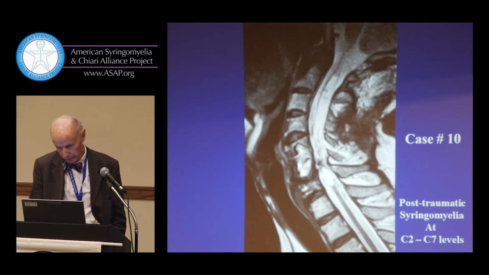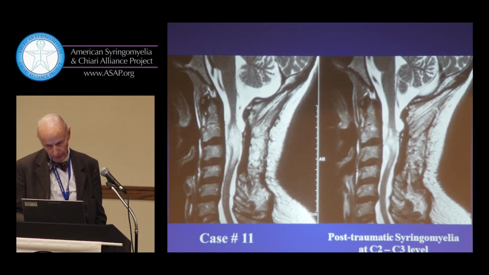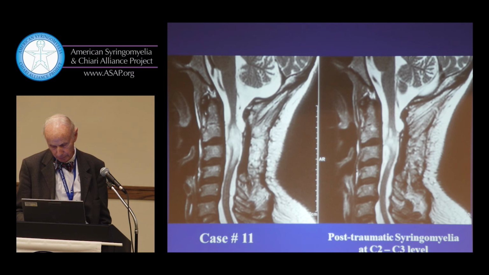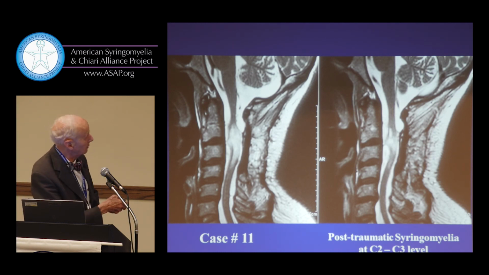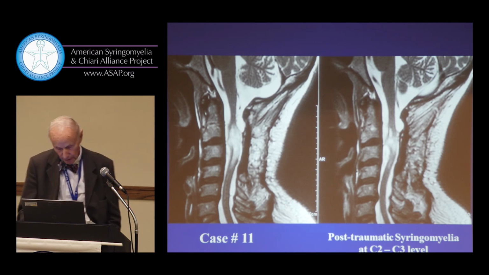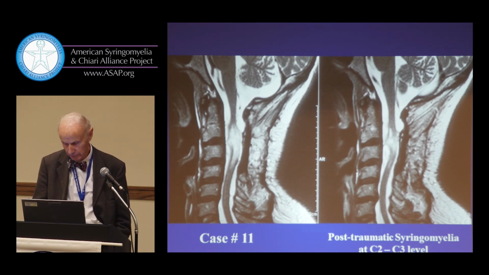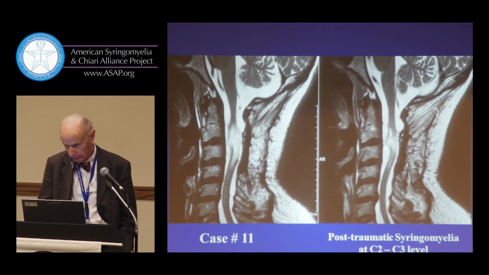And here's another example, by the way, of a similar situation, very high cervical syrinx with some adhesions. And this approach was first described by some Indian colleagues and some Greek colleagues.